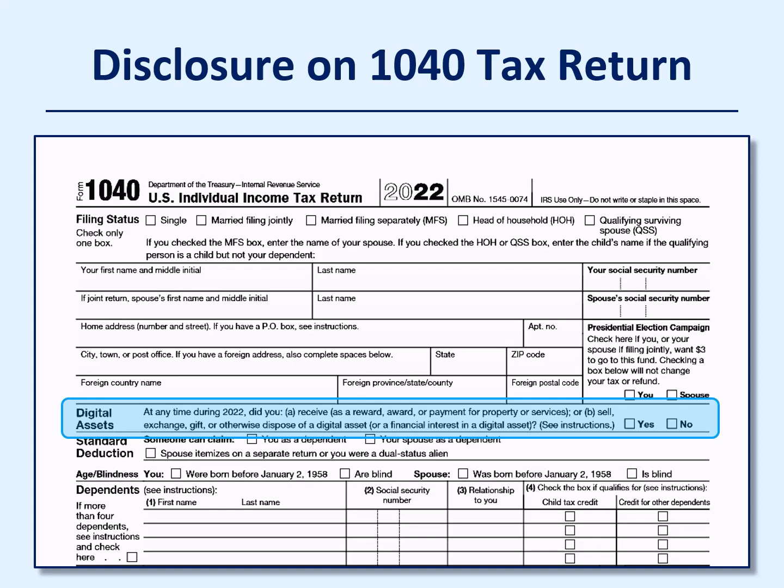However, if you simply held a digital asset as an investment and you didn't really partake in any purchasing or selling during the year, you can check no. You can, however, purchase digital assets with non-digital currency, like actual US dollars, for example, and you can check no as well.